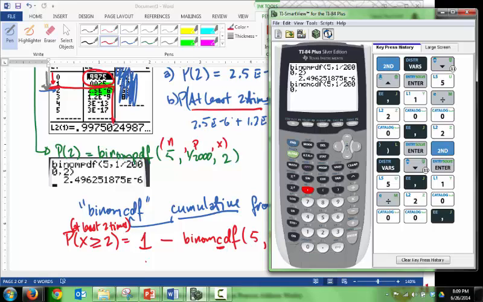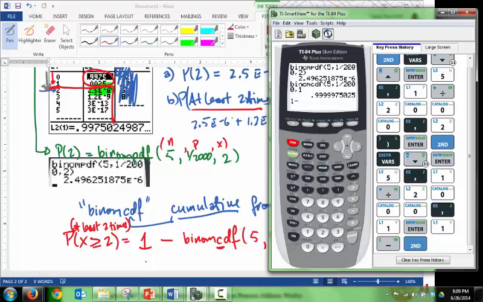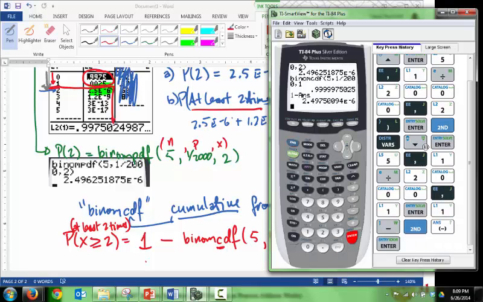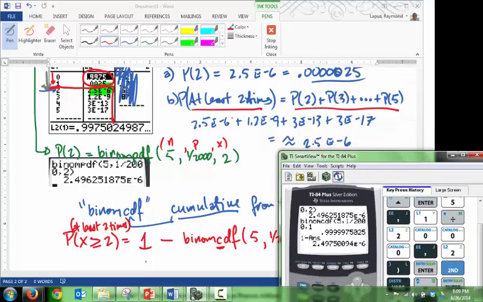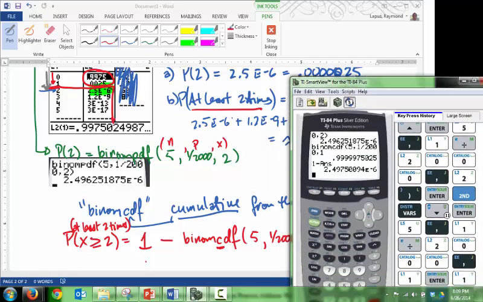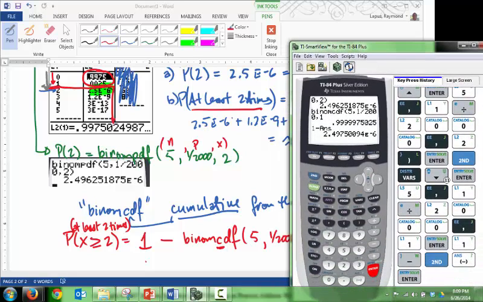And this time, I'm not putting in 2, right? I'm putting in 1, so 1 less than that. And I need to subtract this from 1. Do you guys know how to subtract this from 1? 1 minus second and the subtract sign, answer. Which is pretty much that 2.5 e to the negative 6 that we had earlier, right? So it turned out to be very similar, the same thing.